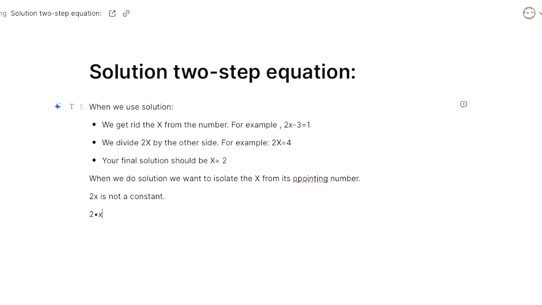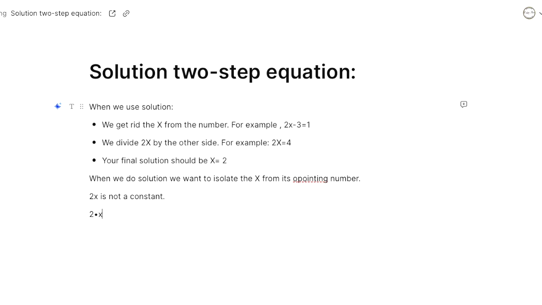When we're using 2 times x, it's weird in math that we use a dot. If you were from elementary school, we use a dot instead of x. The reason we don't use the x is that we don't want to get mixed up between the x and the multiplication sign.